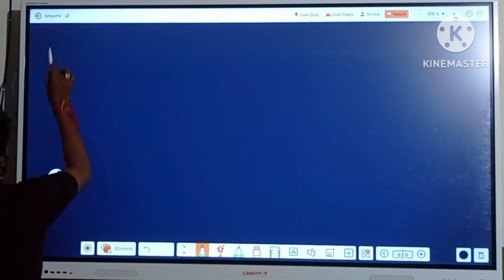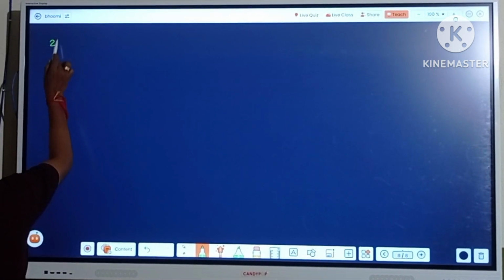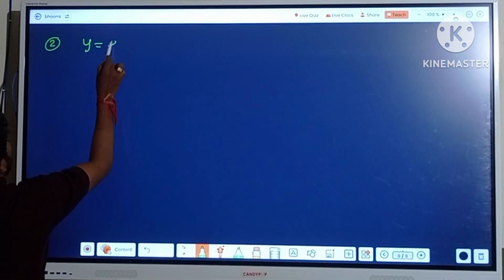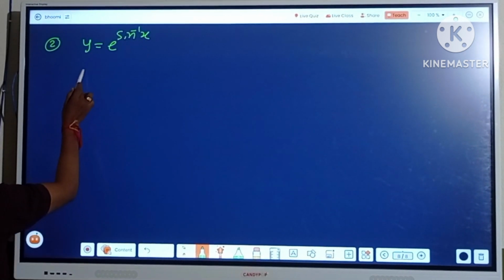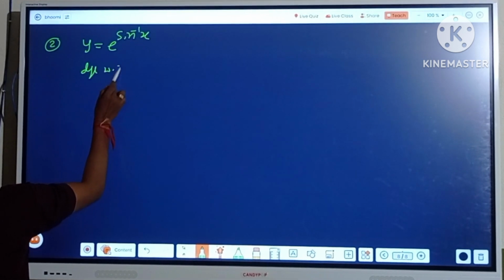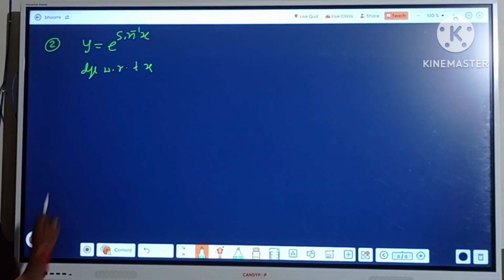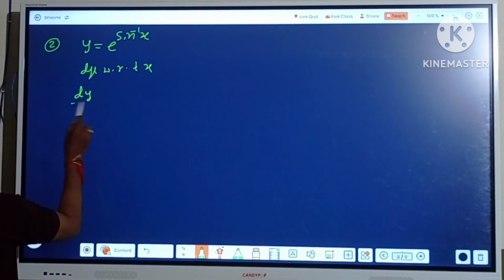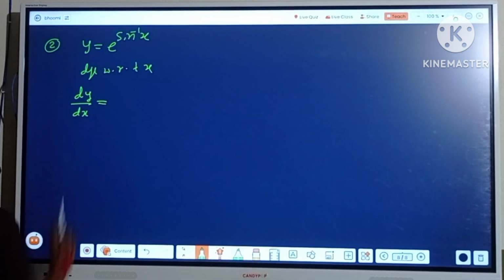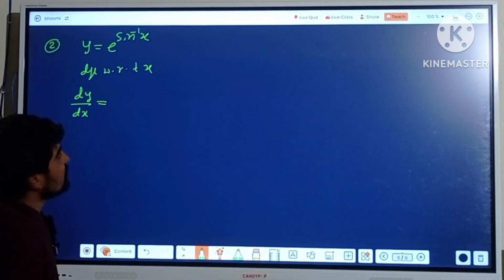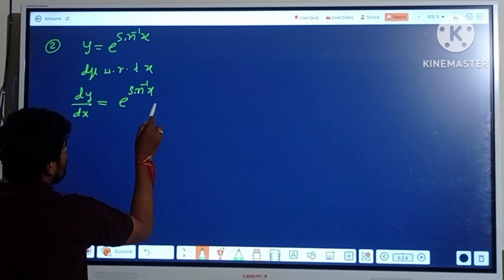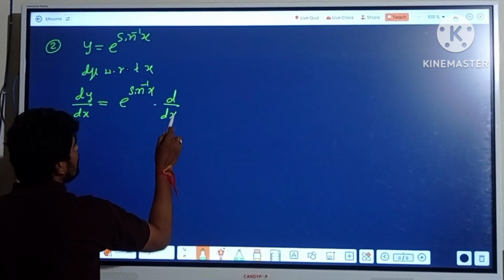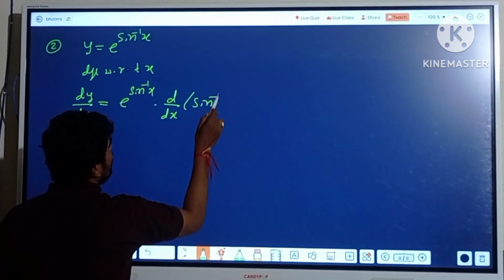y is equal to e power sin inverse x. So now differentiate this with respect to x. We know that derivative of y with respect to x is dy by dx, and derivative of e power sin inverse x is e power sin inverse x into derivative of what? Sin inverse x.